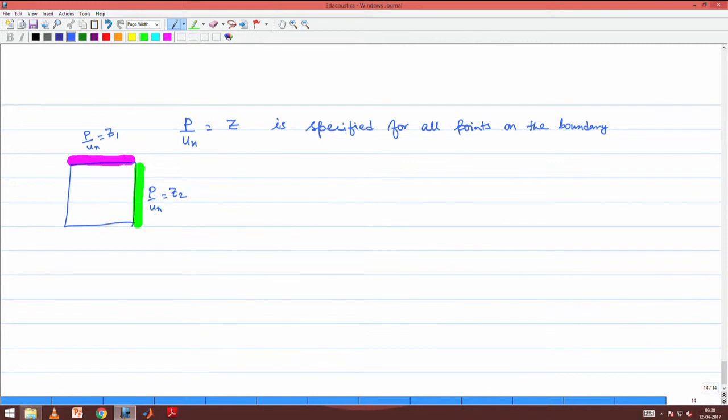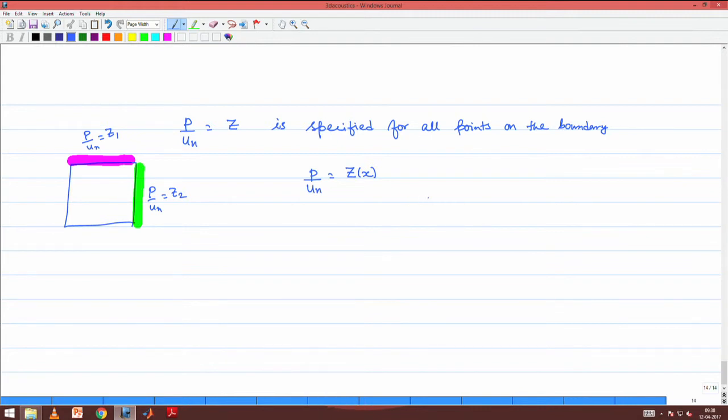If one of these walls is completely rigid, then the associated impedance for that wall will go to infinite, right. But if some other wall is made of perforated cardboard sheets, as you are seeing in this wall, then it will have its own impedance. So, the impedance need not be a constant value throughout the boundary, but the important point is there has to be a specification of P by u n, which could possibly depend upon the locations of the boundary, but nonetheless it has to be specified, right.